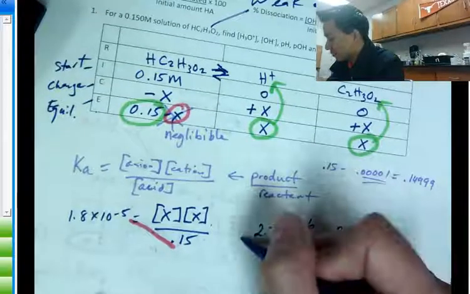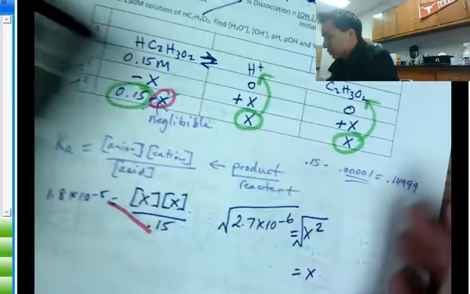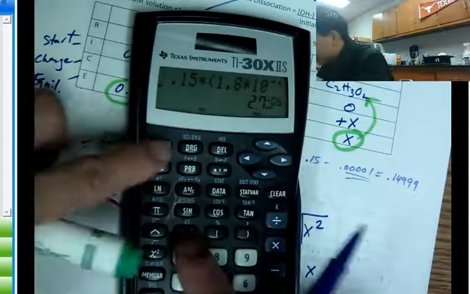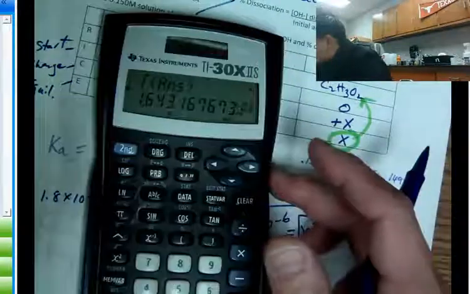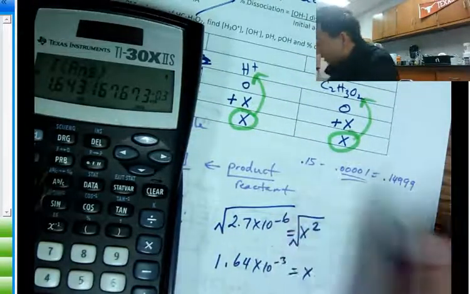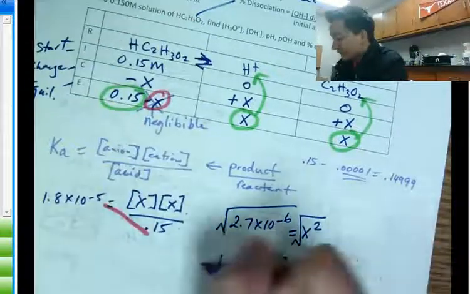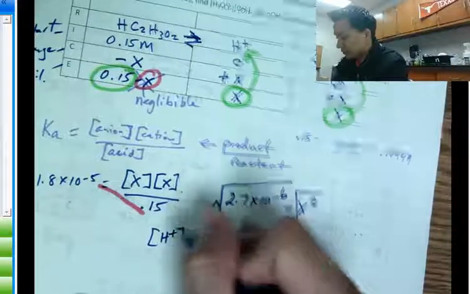Then I take the square root of both sides to get x. I get 1.64 times 10 to the negative 3. This is our x, which is our hydrogen ion concentration.